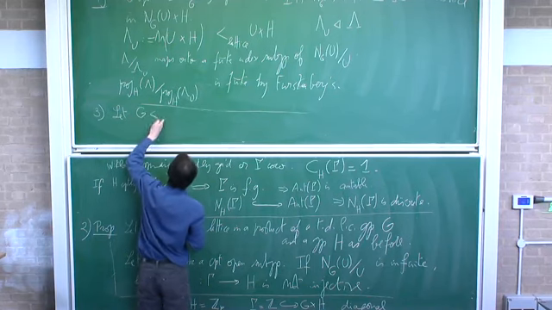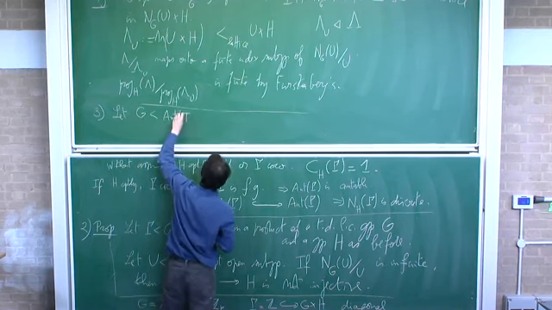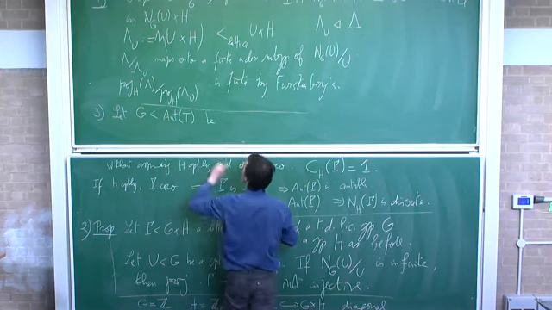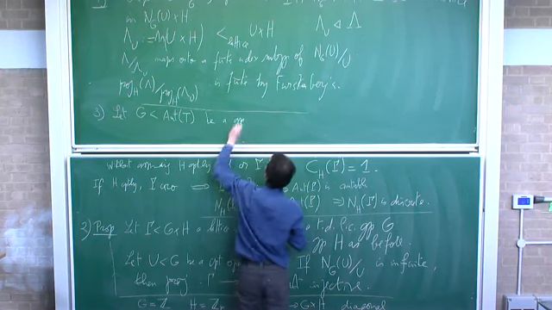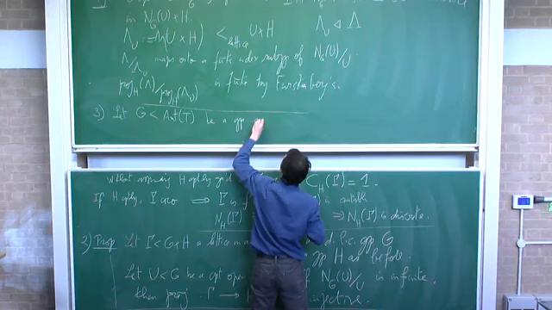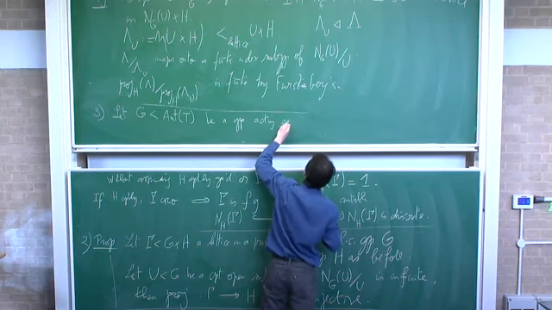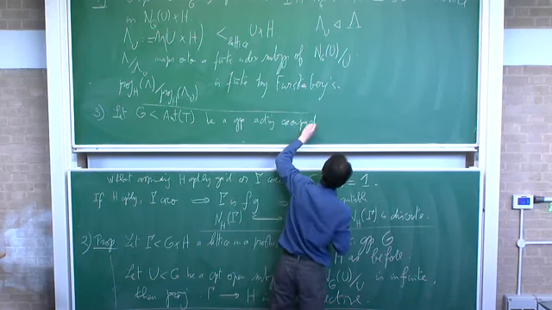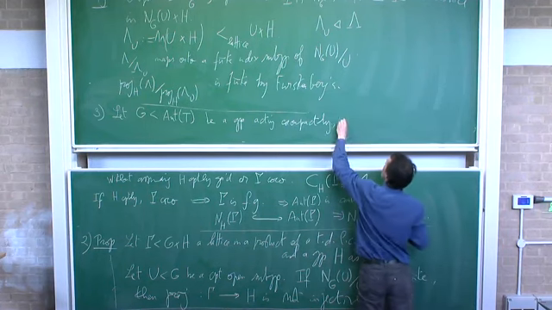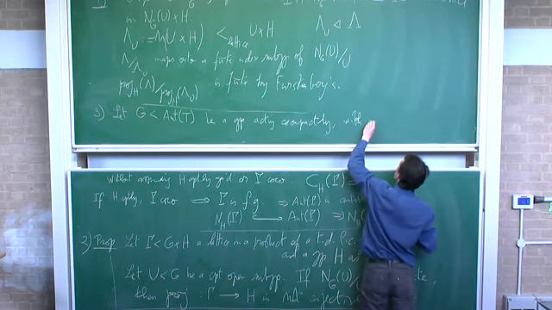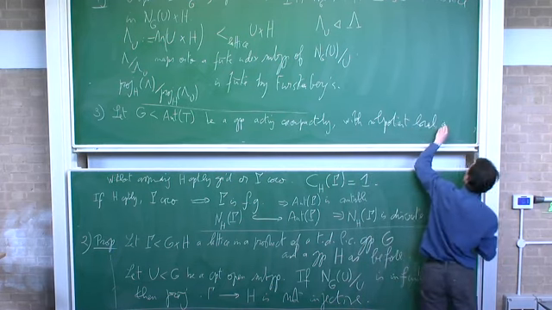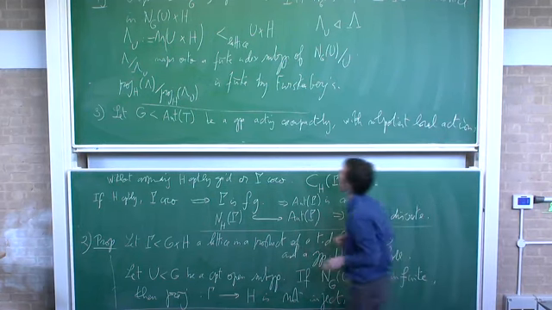Let G be a group acting compactly on a tree with nilpotent local action at every vertex.